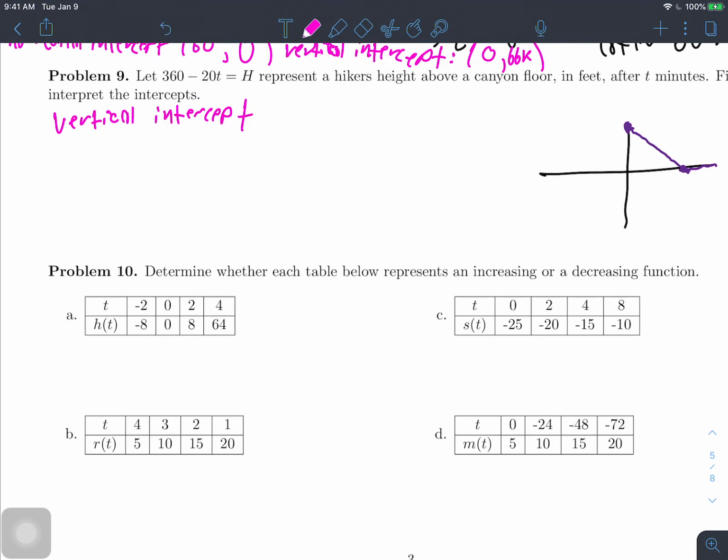So, our vertical intercept. First of all, let me ask the class, what should go on my vertical axis? The axis which goes up and down, what should go on that axis? Time or height?